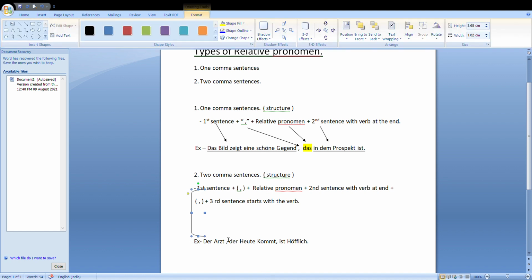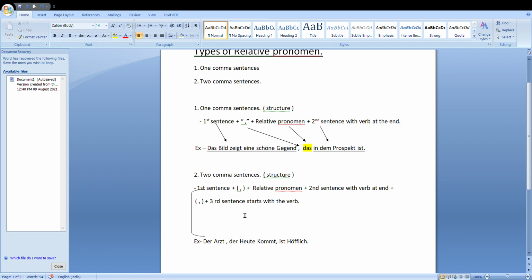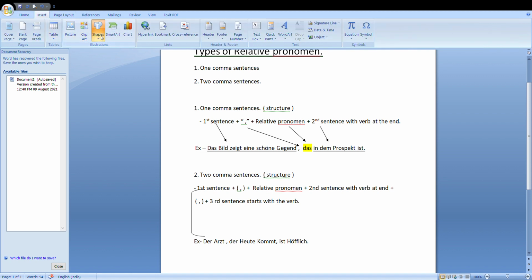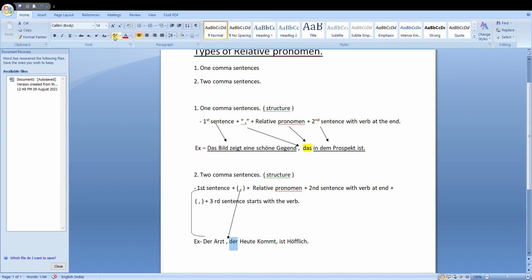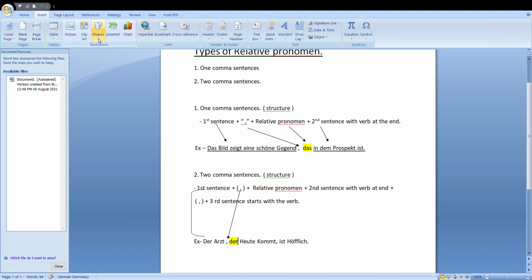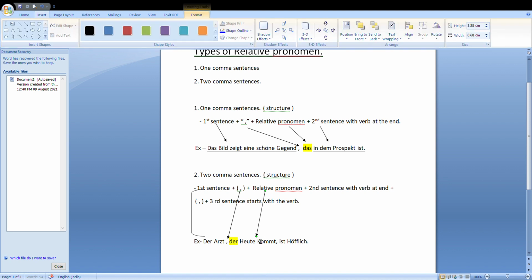Then we have our comma here. Then we have the relative pronomen here, and then a second sentence.